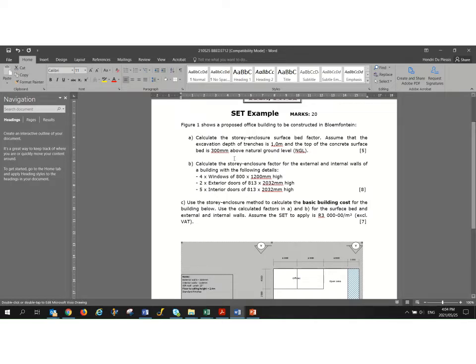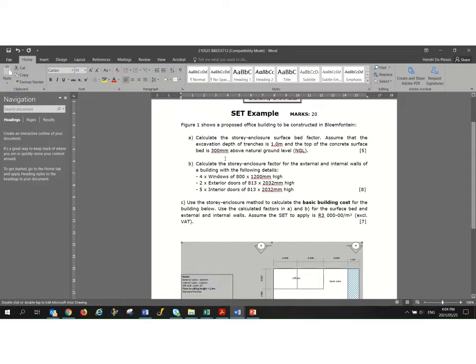So the question reads, figure 1 shows a proposed office building to be constructed in Bloemfontein, and then the first question is calculate the story enclosure surface bed factor and assume that the excavation depth is 1 meter and that the top of the concrete surface bed is 300 millimeters above the natural ground level.